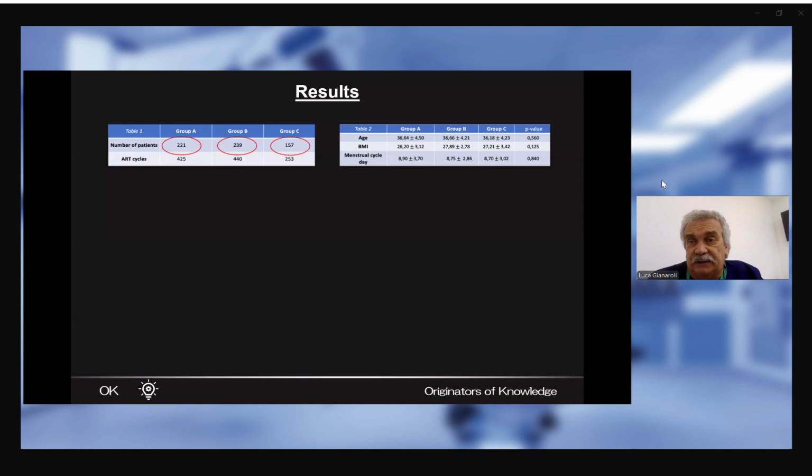And as you can see, the 3 groups are similar in terms of age, BMI, and menstrual cycle day on which the mock embryo transfer and the consequent hysteroscopy were done.